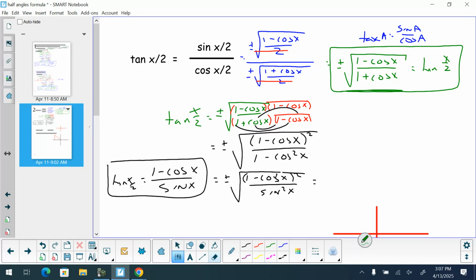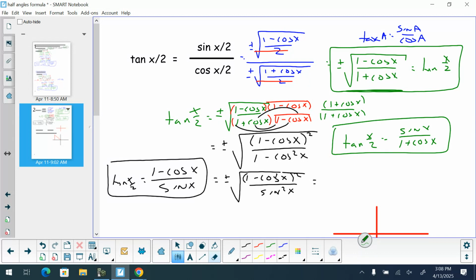Likewise up here, if we multiply top and bottom by 1 plus cosine of x, rather than 1 minus, we'll get another form, and it will just be the reciprocal of what we have here, except we have plus on the bottom. We have sine of x over 1 plus cosine of x.